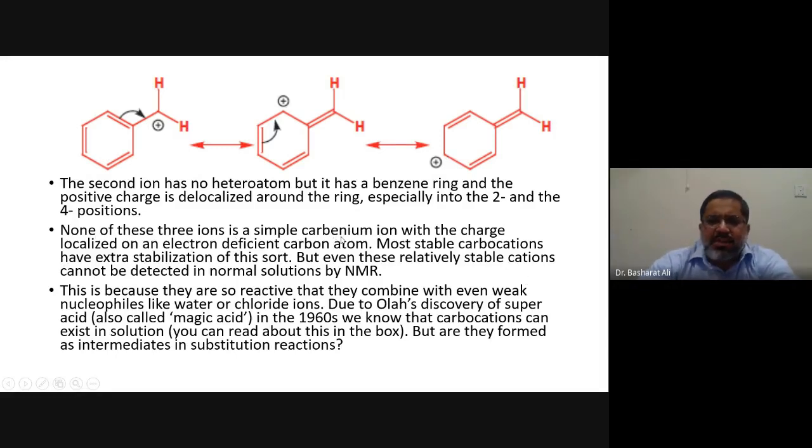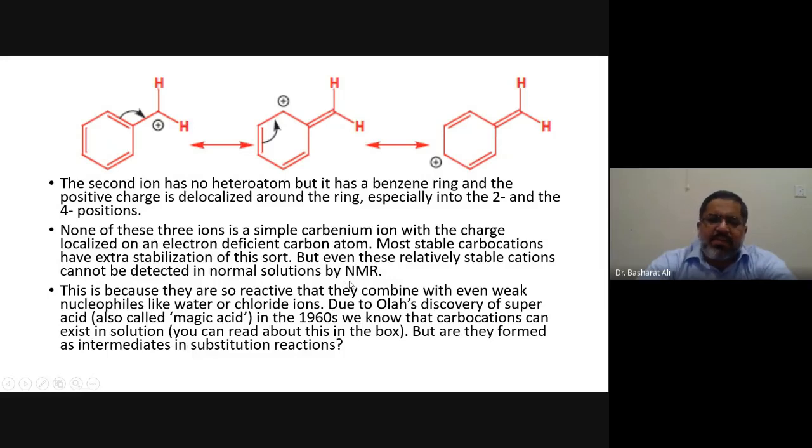None of these three ions is a simple carbenium ion with the charge localized on the electron deficient carbon atom. Most stable carbocations have extra stabilization of this sort. But even these relatively stable cations cannot be observed in normal solution by NMR.